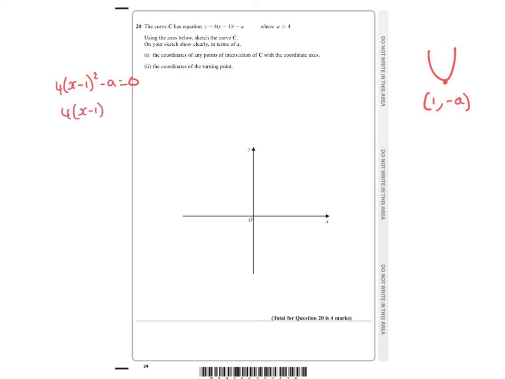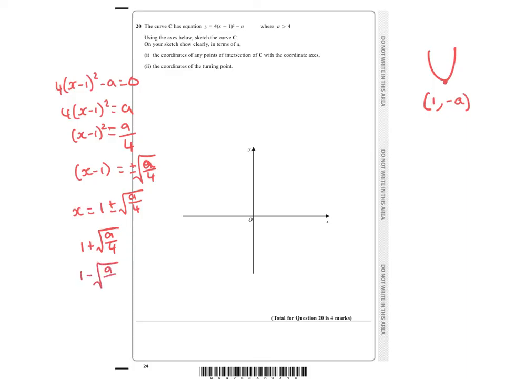So 4(x minus 1) squared equals a. (x minus 1) squared equals a over 4. x minus 1 equals plus or minus the square root of a over 4. x equals 1 plus or minus the square root of a over 4. So this is going to be where it crosses: 1 plus root a over 4, and 1 minus root a over 4.